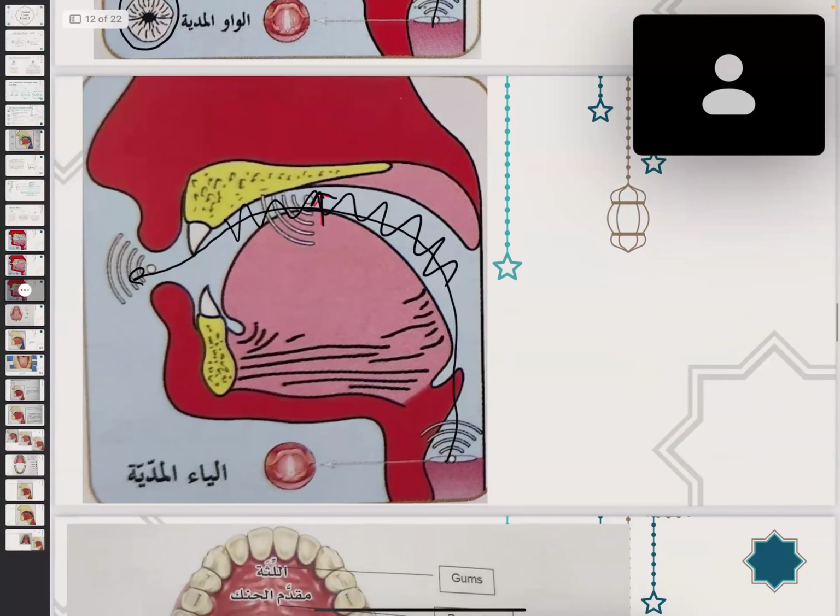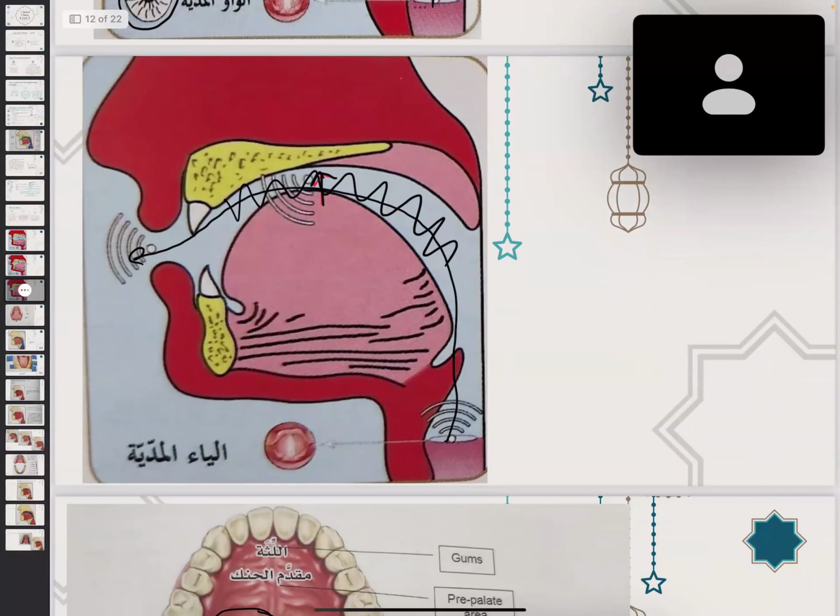Would someone like to do the ياء مد? السلام عليكم. عليكم السلام. The letter ياء مد exits from the jaw, the throat and the mouth.